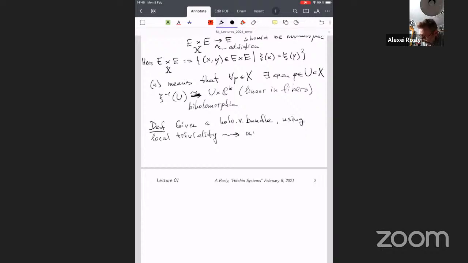Choose the open covering of the base X such that the bundle is trivial over the elements of the covering. And transition functions.